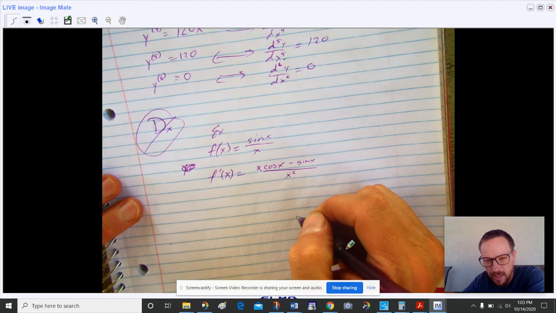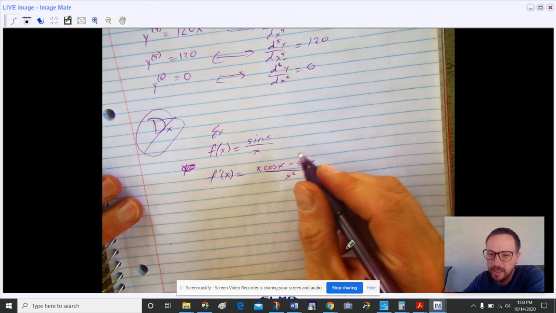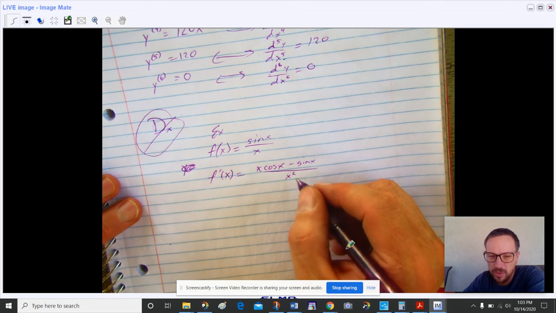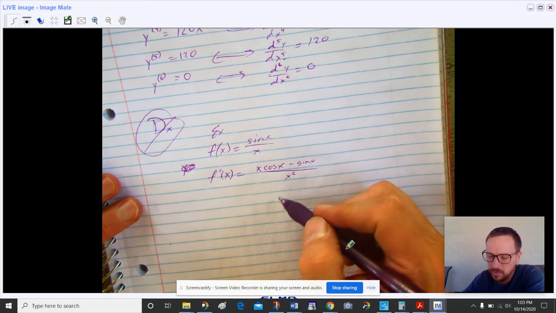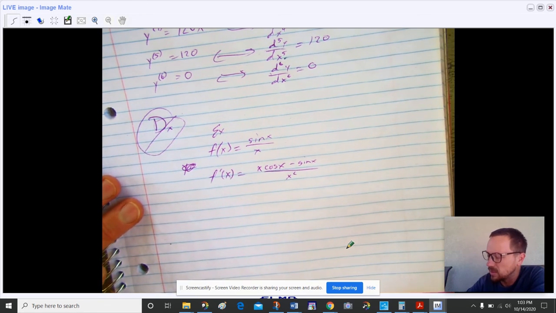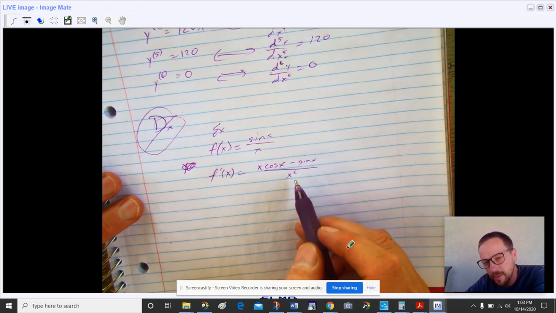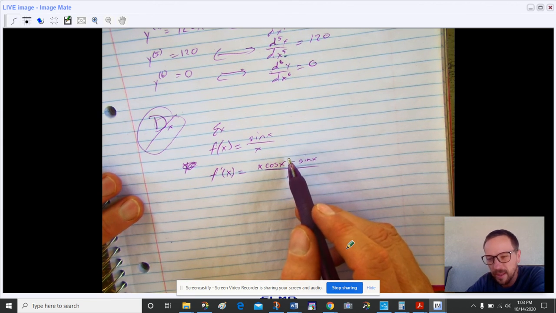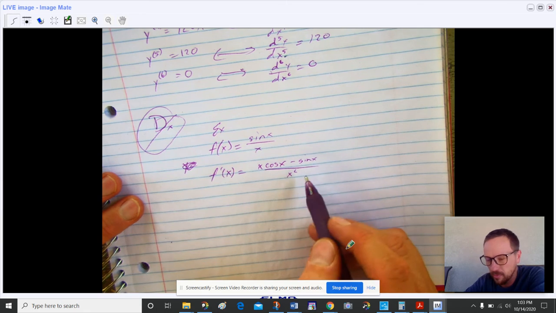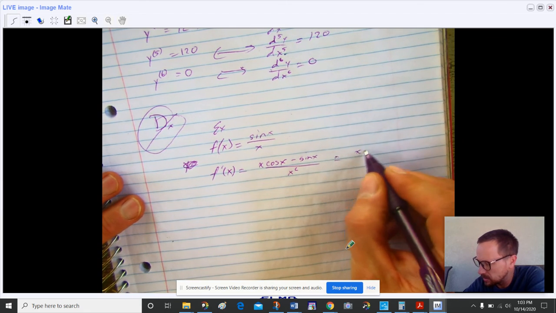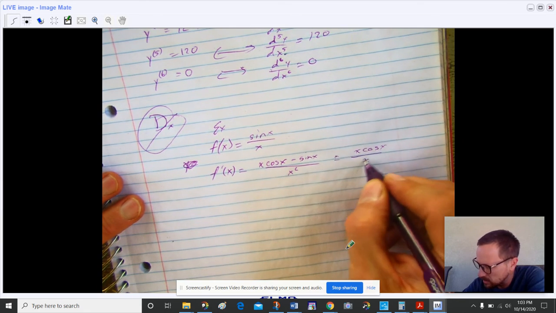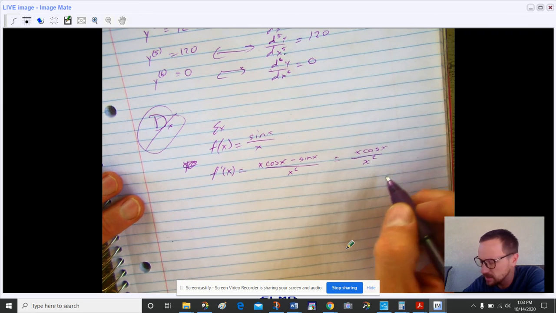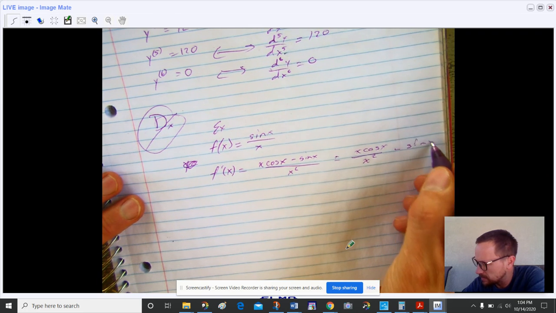So there's that one. Now if we want to take the derivative again, check this one out. This is a mess. You have to use the quotient rule, but within the quotient rule, you'd want to use the product rule. Of course, we could separate this into two fractions. This does equal x cosine of x over x squared, and we could reduce that, minus sine of x over x squared.